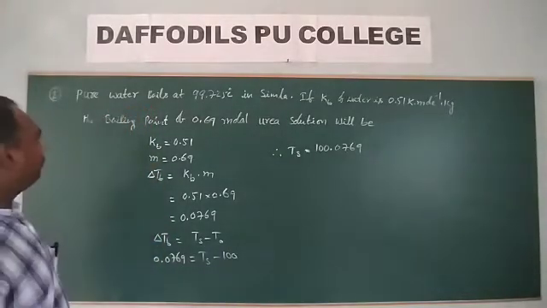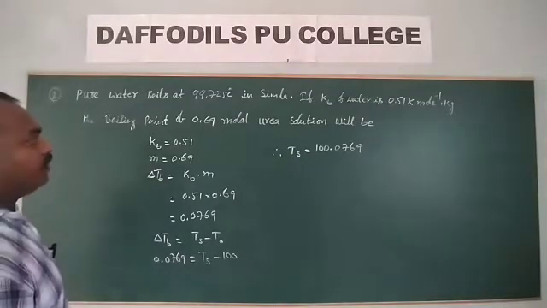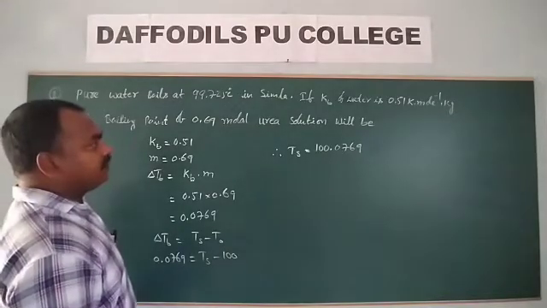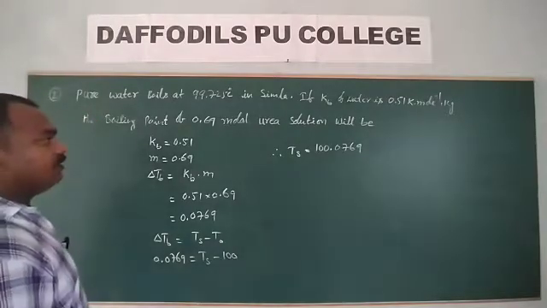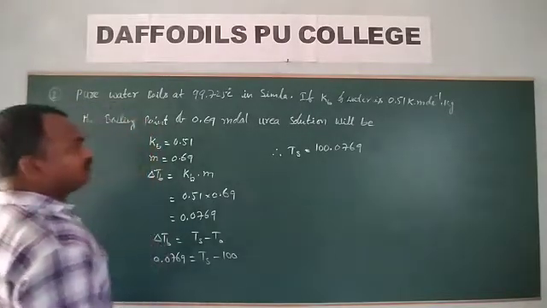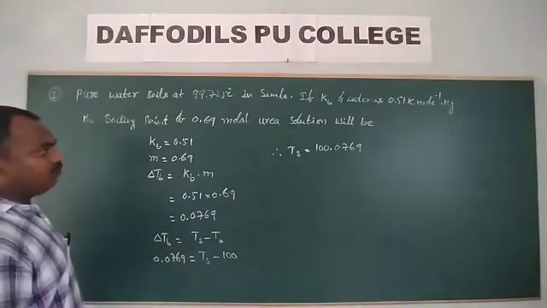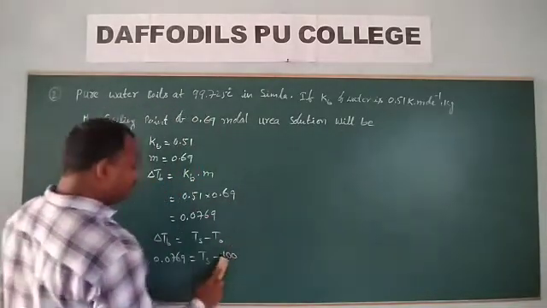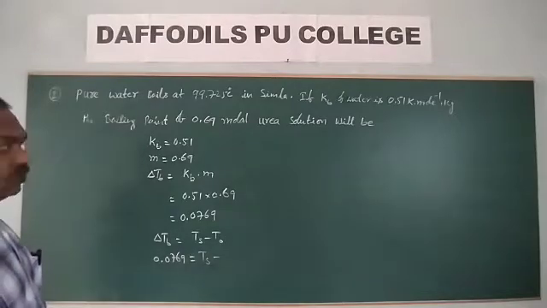So, look at the second problem. Pure water boils at 99.725 degrees centigrade in Simla. If Kb of water is 0.51 Kelvin mole inverse kg, the boiling point of 0.69 molar urea solution will be.